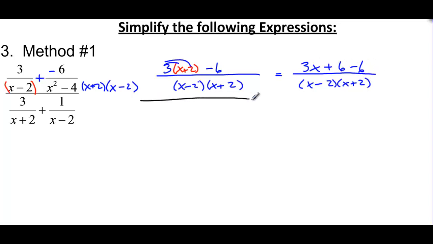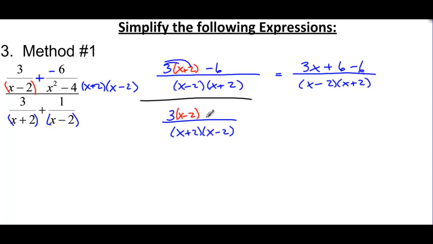Okay, let's look at our denominator. I have an x plus 2 and an x minus 2. So my LCD is just going to be an x minus 2 and an x plus 2. And again, I'll write the plus first and then the minus. Again, it doesn't matter what order. So my first fraction, I have a 3 in the numerator, but for my LCD, I'm missing an x minus 2.